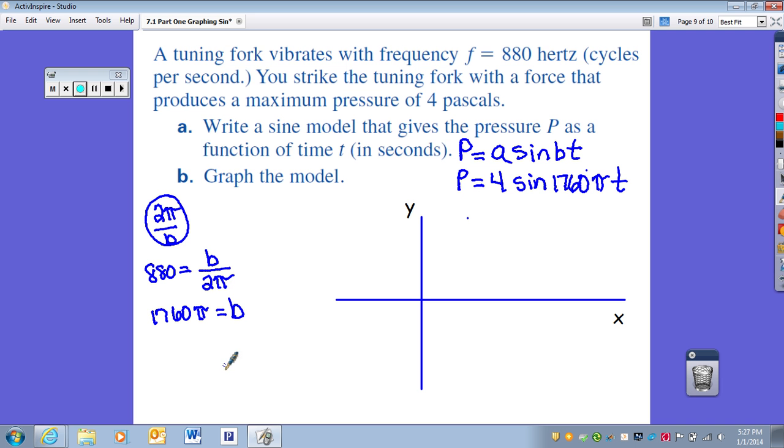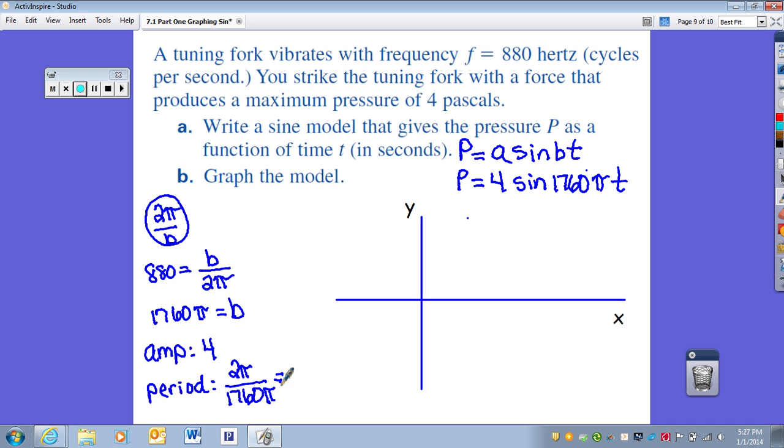Okay? So the first thing we need to do is to find our amplitude. And remember that our amplitude is the absolute value of A, which happens to be 4 in this real life example. Then we need to find our period. And our period, remember, is 2 pi divided by B, which is 1,760 pi.